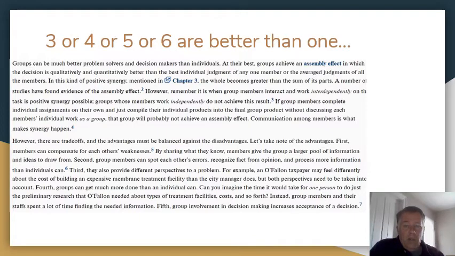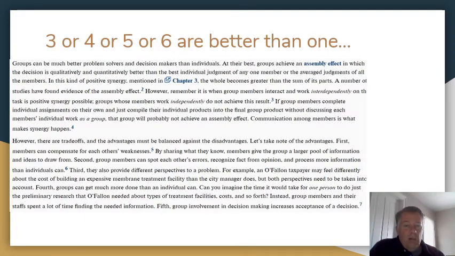So there's the assembly effect. There's also something called non-summativity, which might have come up earlier in the semester, which means that groups can be more than the sum of their parts. Go ahead and look more closely at this slide.